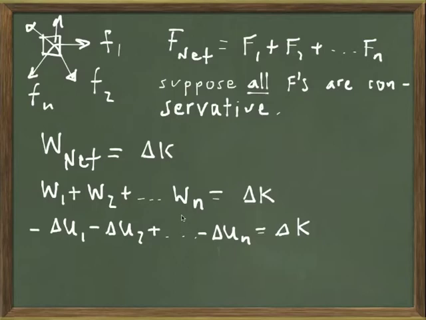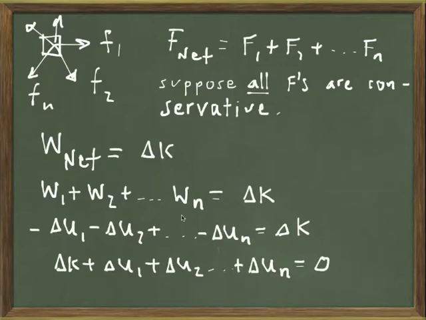That if the force was conservative, the work done is always the negative of the change in the potential energy. So I can replace the work done by force number 1, moving from some initial to some final point, with the negative of the change in the potential energy associated with that force. The same for force number 2, force number 3, all of them, if they're all conservative, then I can do it for all of them.